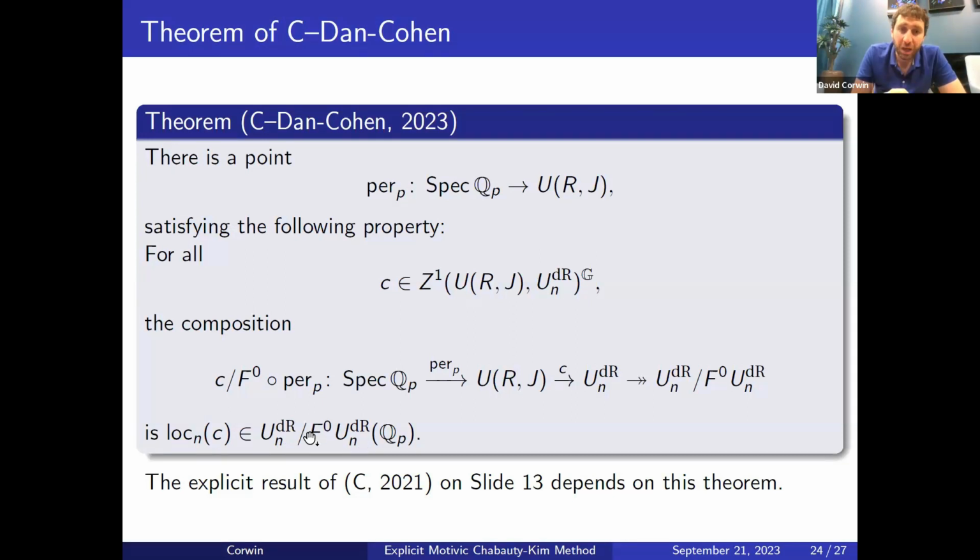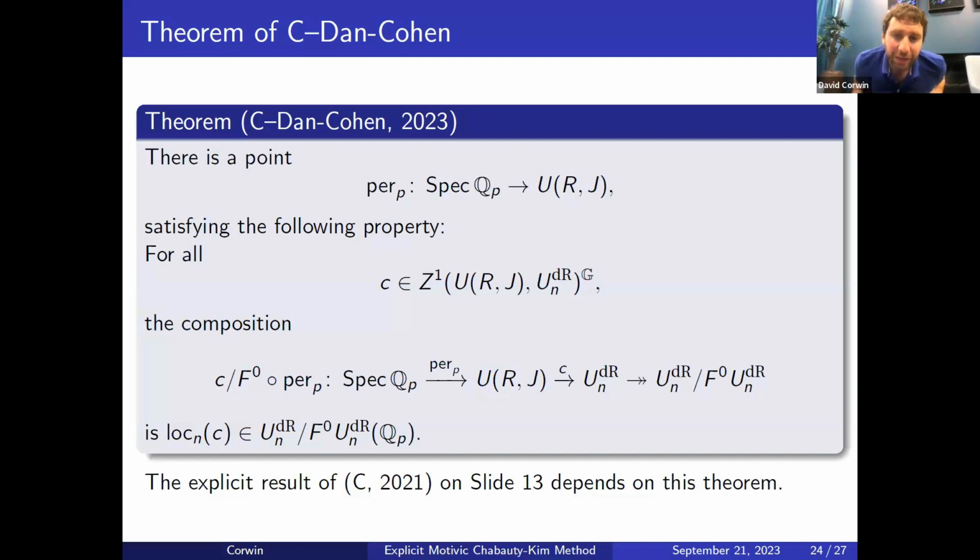Well, back in Kim's cutter, loc_n goes from the Selmer variety to UN mod F^0 of UN. One should maybe be more precise: it's a map of schemes, but when I'm talking about c, I really mean a Q_p point, so it turns out that you can make the set of cocycles into a space of cocycles.